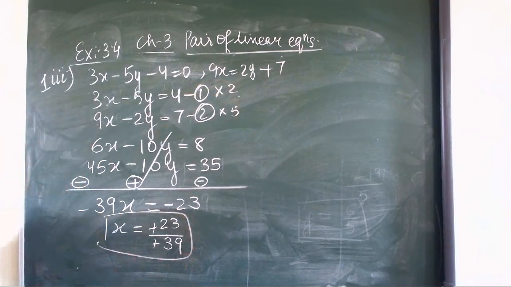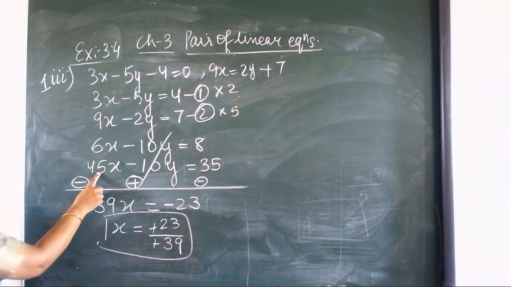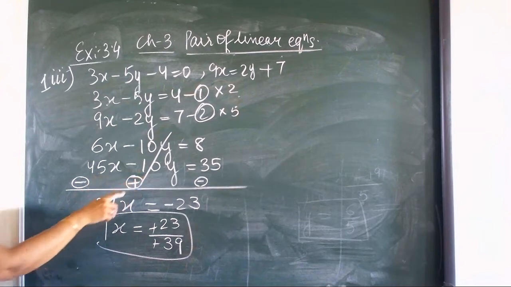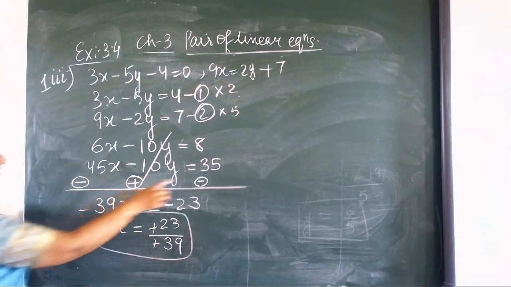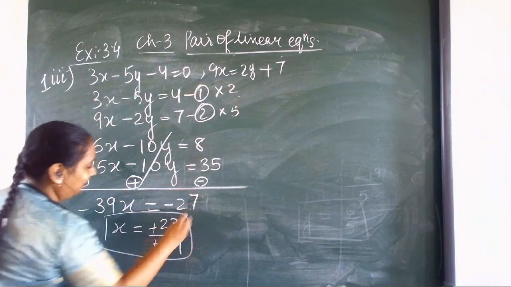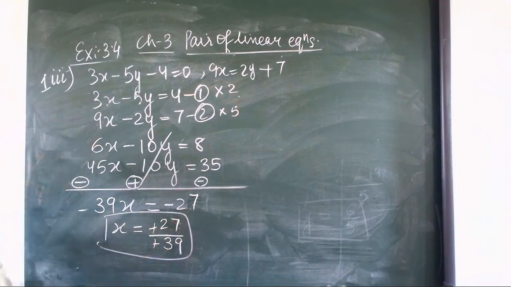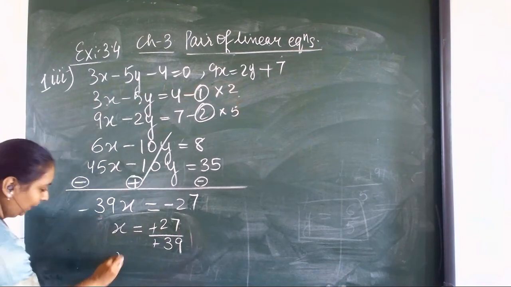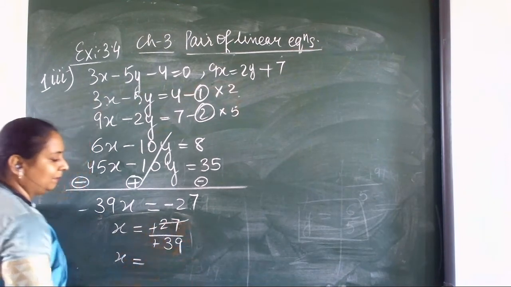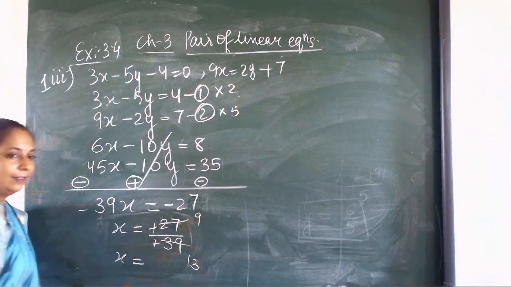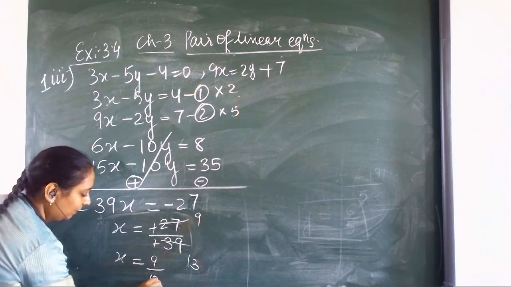Clear? Now 27 and 39 are cancelled by the table of 3. So this becomes 9 and this becomes 13. So x value is 9 upon 13.